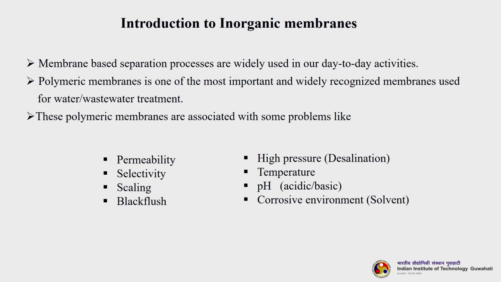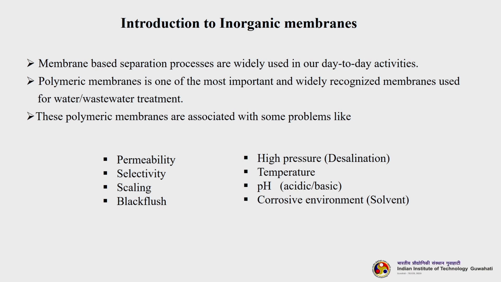As you know, membrane based separation processes are widely used in our day to day activities. Polymeric membrane is one of the most important and widely recognized membranes used for water and wastewater treatment as well as many other applications. Now, these polymeric membranes are however associated with some problems like permeability, selectivity, scaling or fouling problem, back flushing.